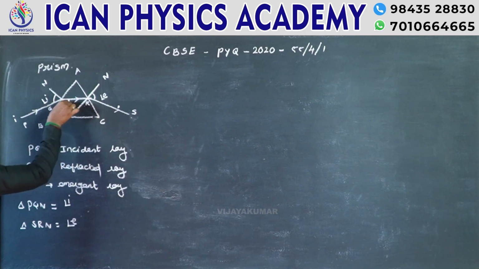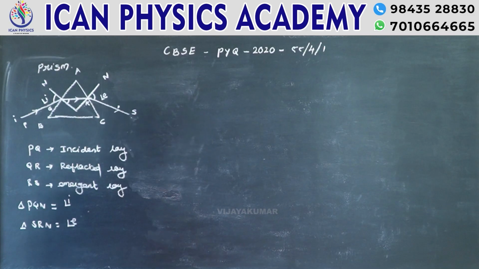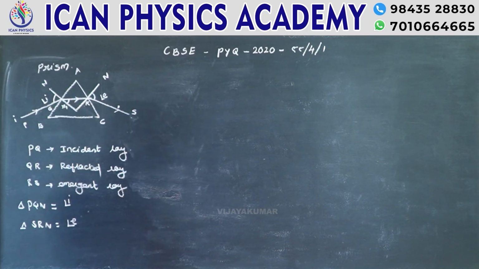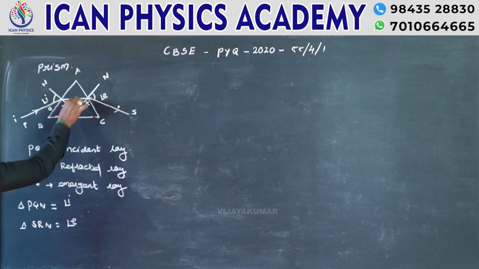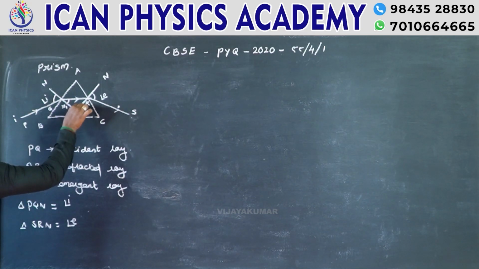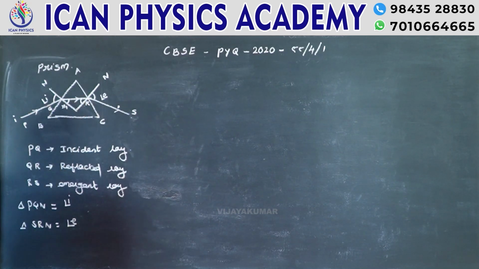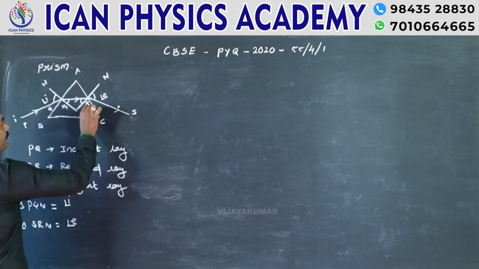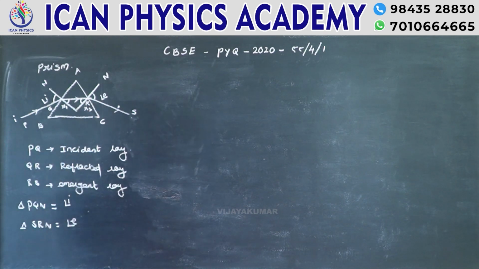The angle between the normal and the refracted ray is the angle of refraction R1. Here also it is a refracted ray and the normal. The angle between the normal and the refracted ray is called the angle of refraction R2.